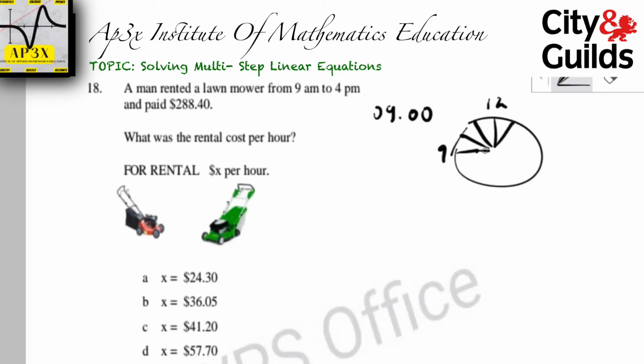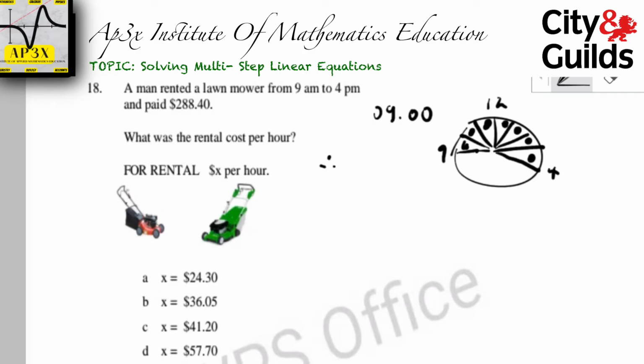So this is 1 hour, 2 hours, 3 hours, 4 hours, 5 hours, 6 hours, 7 hours. So this is 4 o'clock here. The man basically rented the lawnmower for 7 hours.